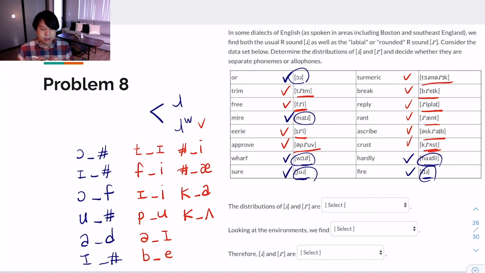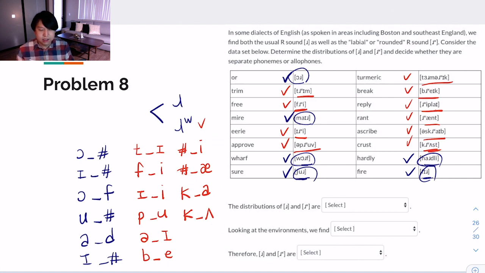So it may not be the case that the left part of the environment is the determining feature of this list. But if you see the right part of it, there are no vowels. It's either word final position or consonants F or D. On the other hand, the right side of the second list always ends with a vowel.